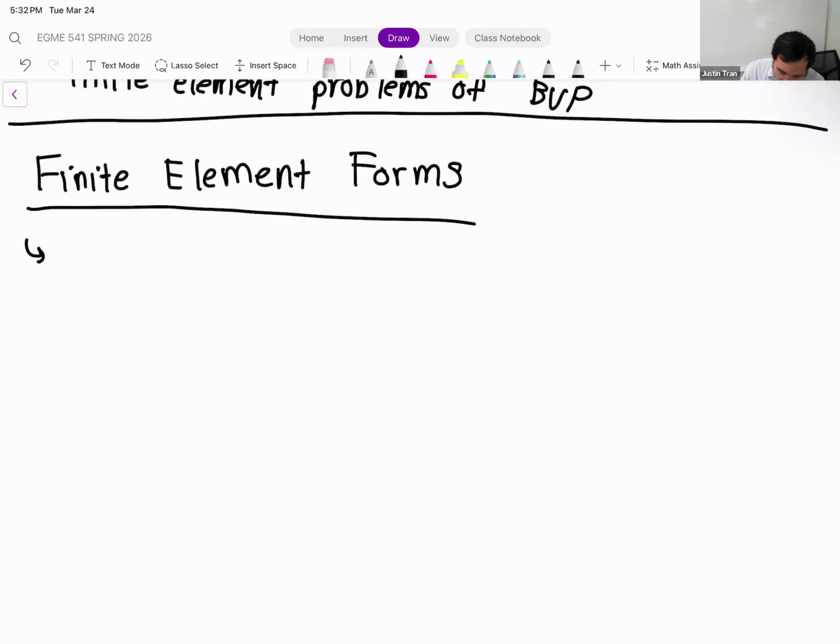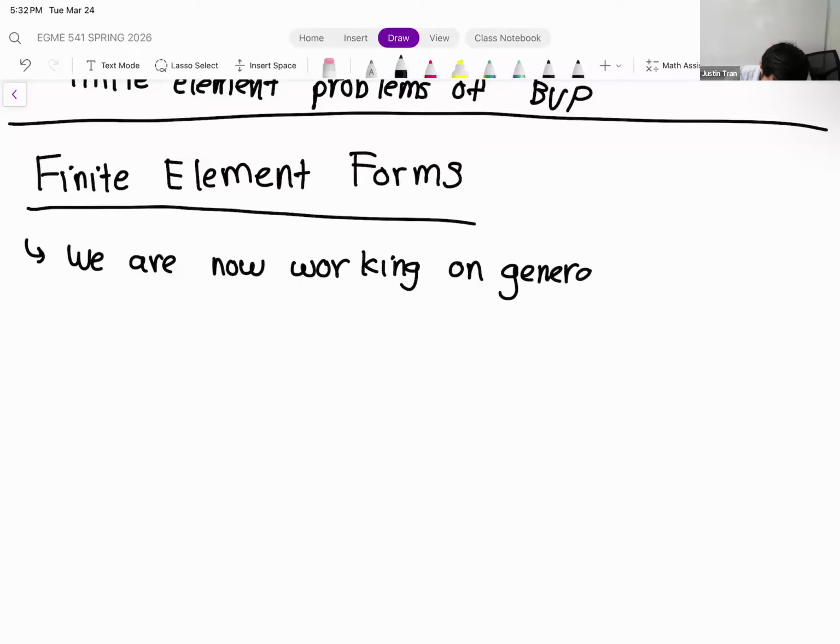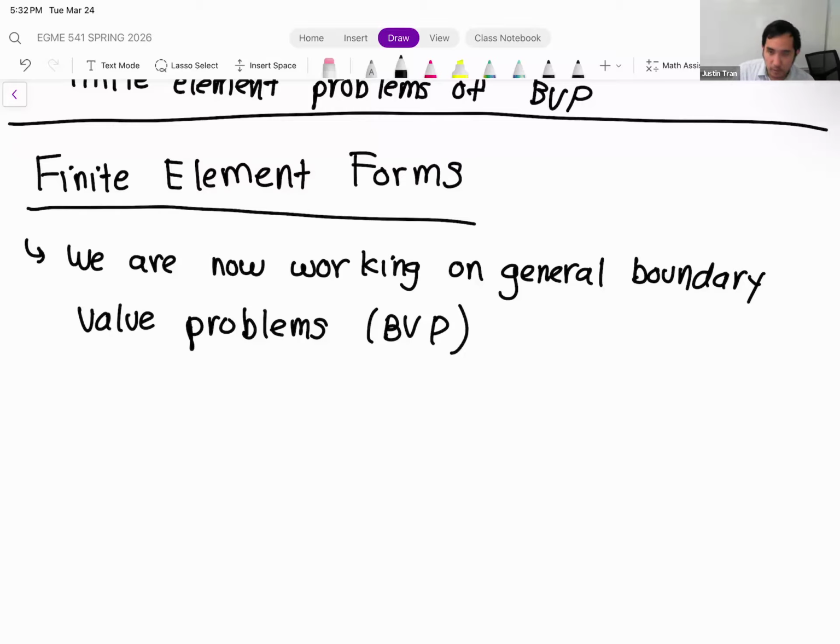The big difference between this section of the class and the first section on the direct stiffness method is that we are now working on what I call general boundary value problems, which I like to give the acronym BVP.